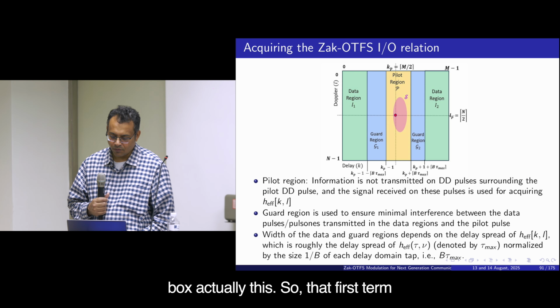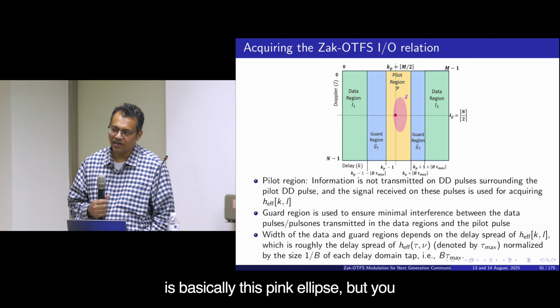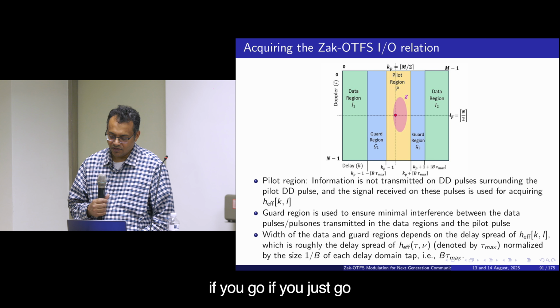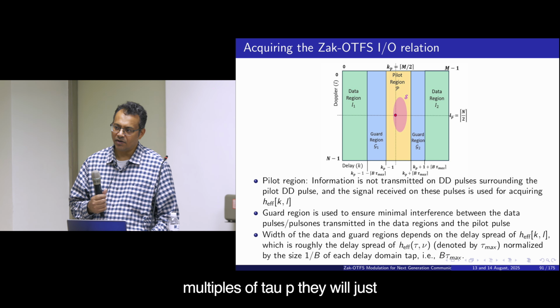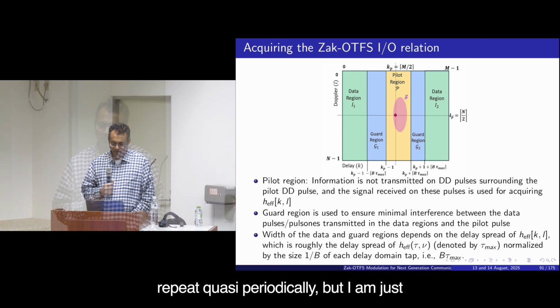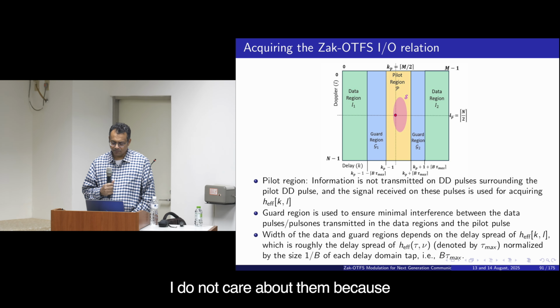I have just shown one box, so that first term is basically this pink ellipse, but you will also get ellipses everywhere if you just go to the right or left by integer multiples of tau p; they will just repeat quasi-periodically. But I don't care about them, because I know that everything repeats, so it is enough to just observe what I am receiving in this box.